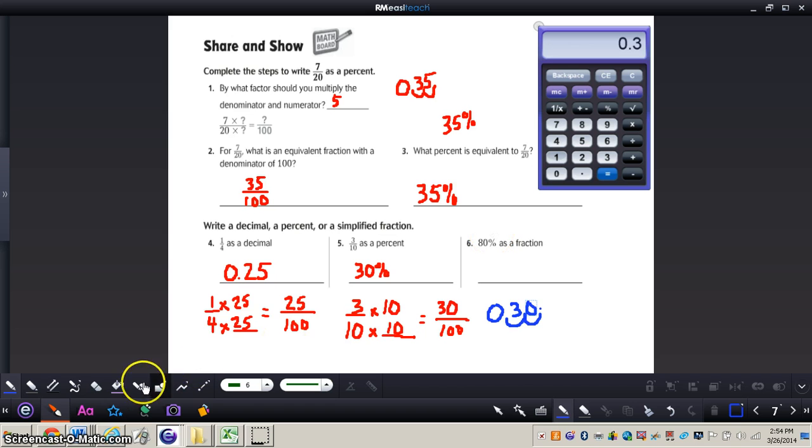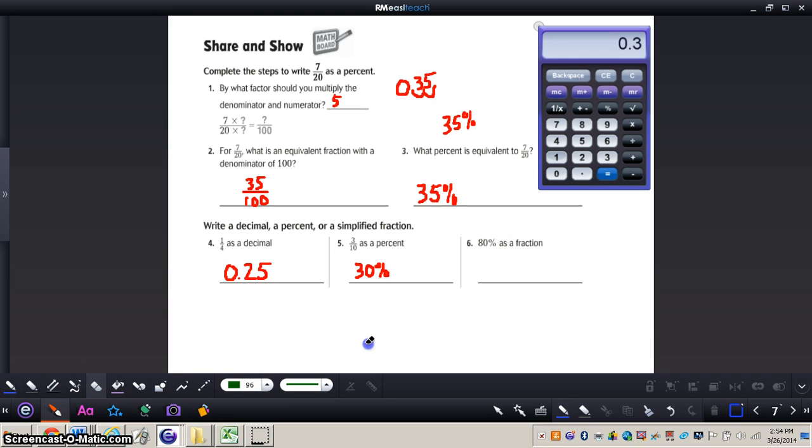Now we have 80% as a fraction. Let me erase some of this here. So 80% as a fraction. Now we know right away that 80% is going to be 80 out of 100.